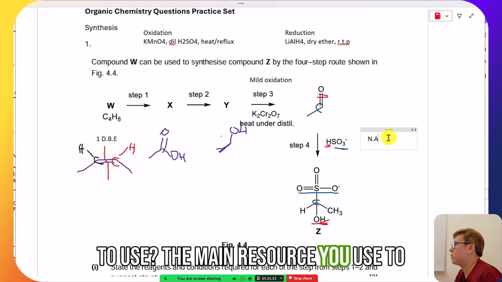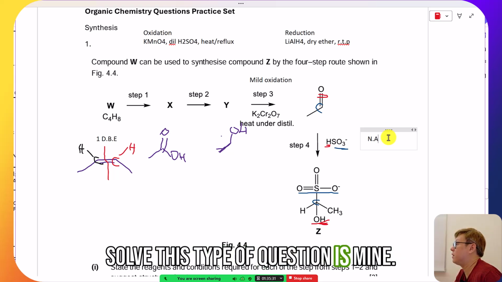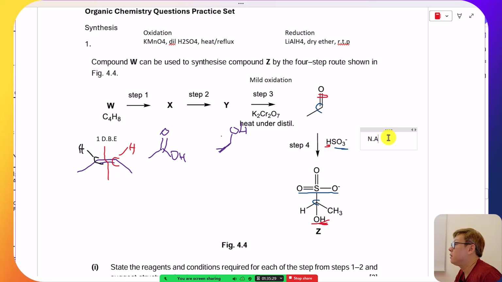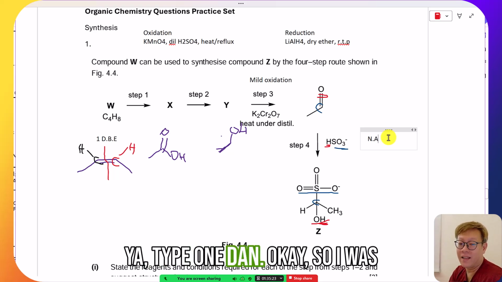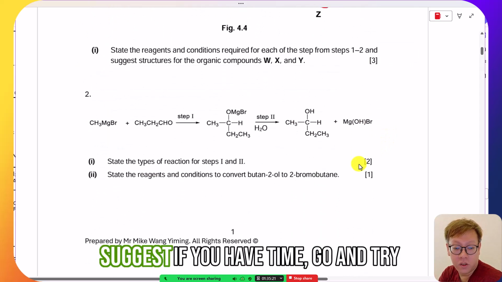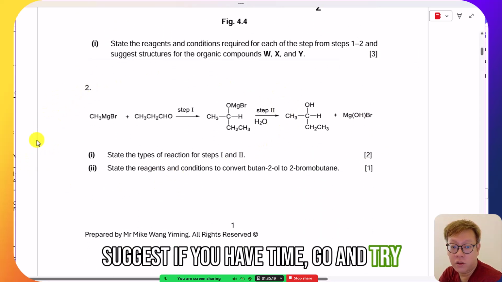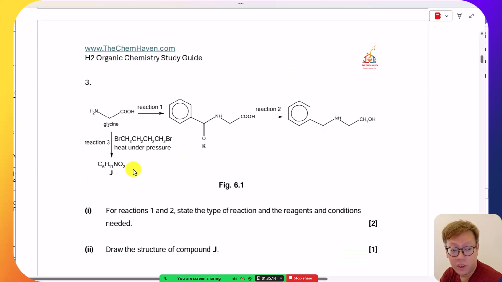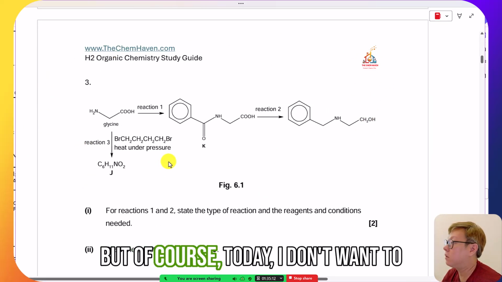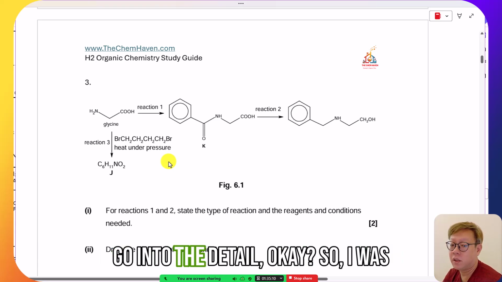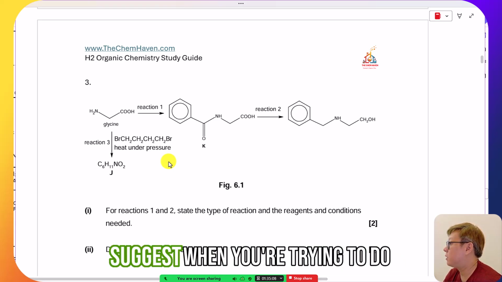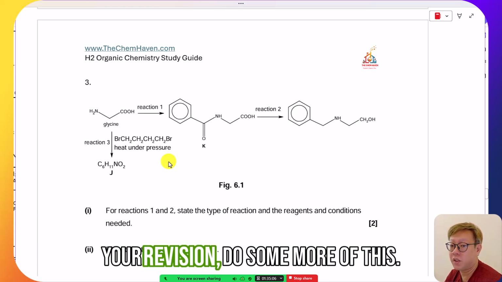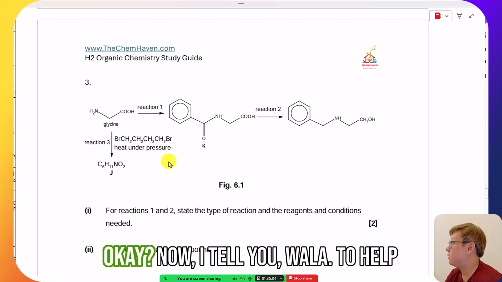The main resource you use to solve this type of question is my organic mind map. Simple? Yeah, type 1 done. Okay, so I will suggest if you have time, go and try question 2 and question 3. But of course, today, I don't want to go into the detail, okay? So I will suggest when you're doing your revision, do some more of this, okay?